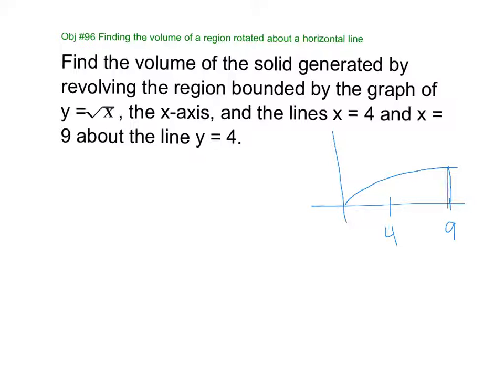And we're rotating about the line y equals 4. Now, one important point here is we're not cutting between the region. That would make life more difficult. So our horizontal line is above because this point is 3. So that does make a difference.